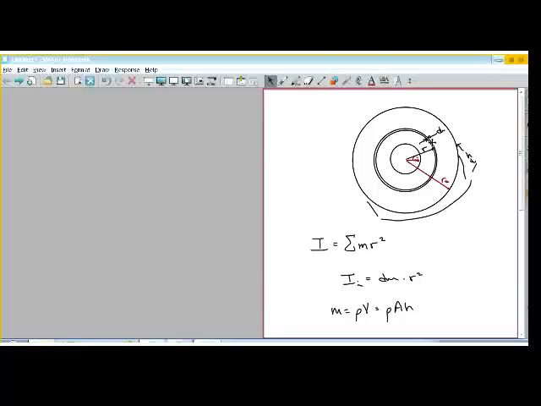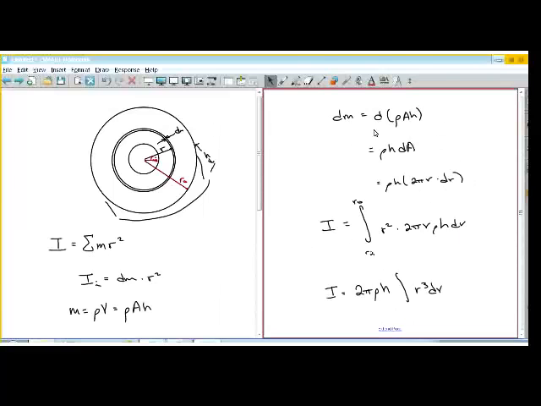We took this annular ring, which was at some distance r. So this is our differential volume. And what we said was that the moment of inertia for this little ring is going to be the radius squared of the ring times the differential mass of the ring. Now the mass of something is the density times the volume, and the volume is the area times the height.